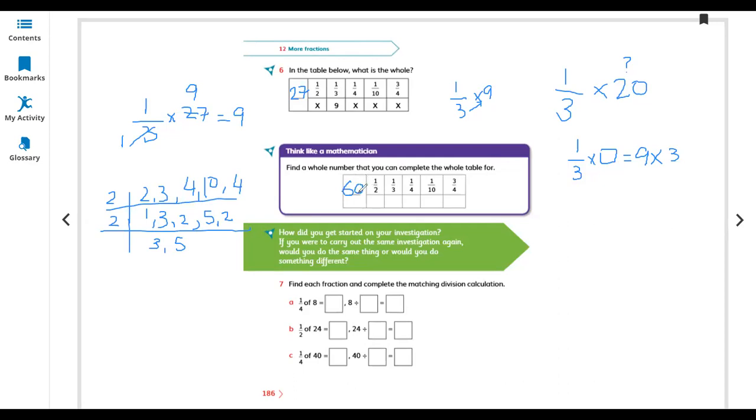Now we divide. 60 divided by 2, it's coming 30. Like this, 60 divided by 3, coming 20.